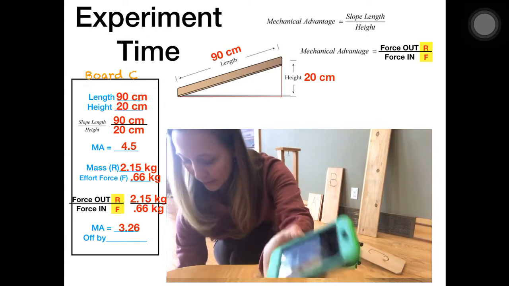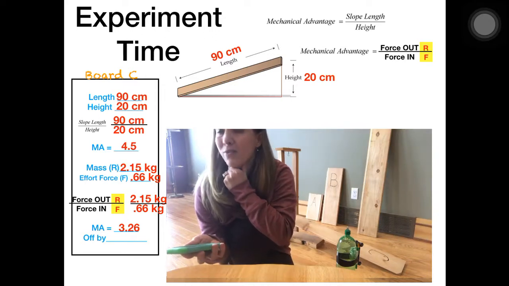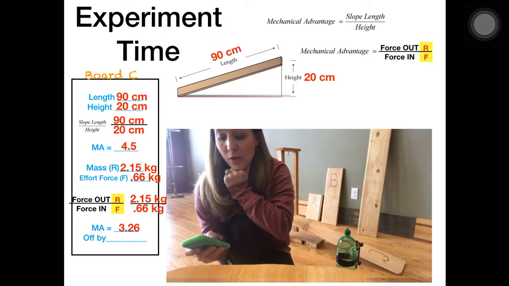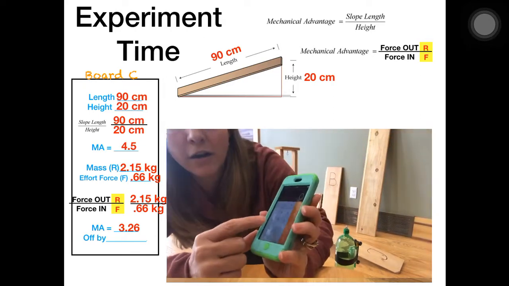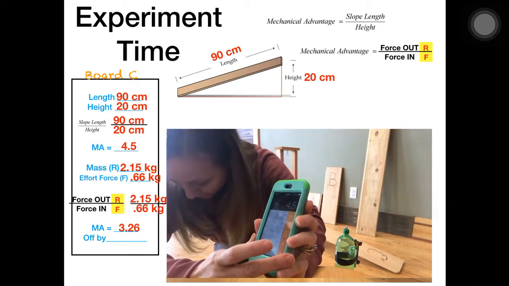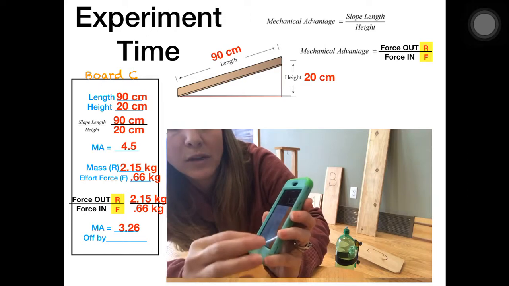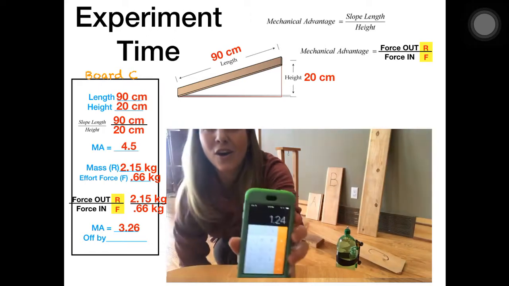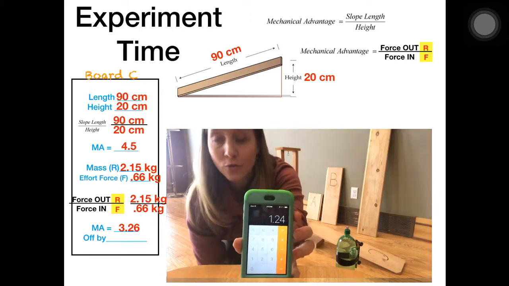3.26. Okay, now that's a little bit off from our 4.5, isn't it? So if we actually subtract to see what our error is, 4.5 minus 3.26, we're getting an error of almost 1 1/4, 1.24 error.